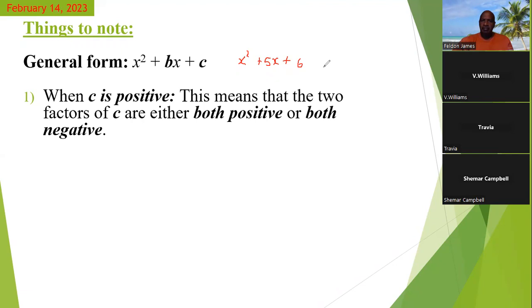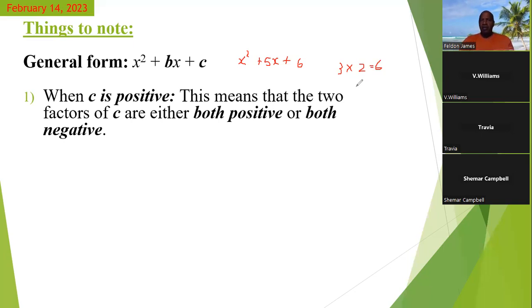Okay, sir. So you would have 2 and 3 as the two numbers. So we notice that 3 times 2 would be equal to what? 6, sir. All right, so 3 times 2 equals 6, or we could say 2 times 3 equals 6.